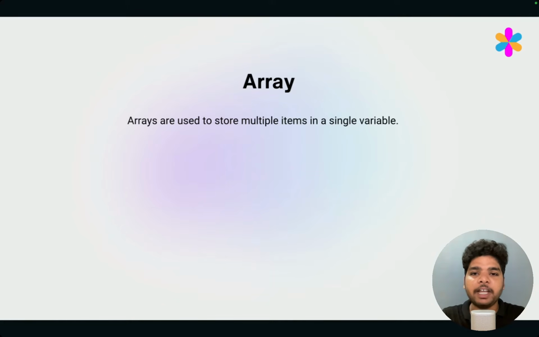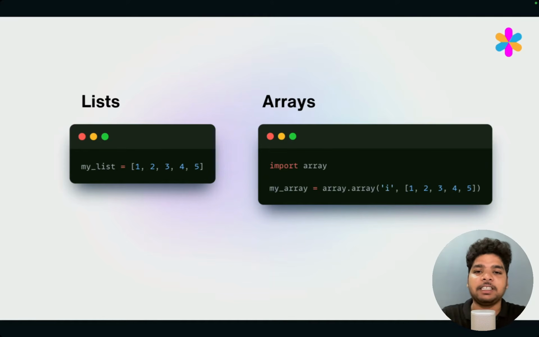Now, when we talk about arrays, there are two things in Python. One is the array module, and another is the list. So those are basically the same, but there are some differences. Python arrays are dynamic in nature, meaning their size is not fixed, unlike Java or C++, where arrays are static. Meaning when we define the array, we have to define its size, right?